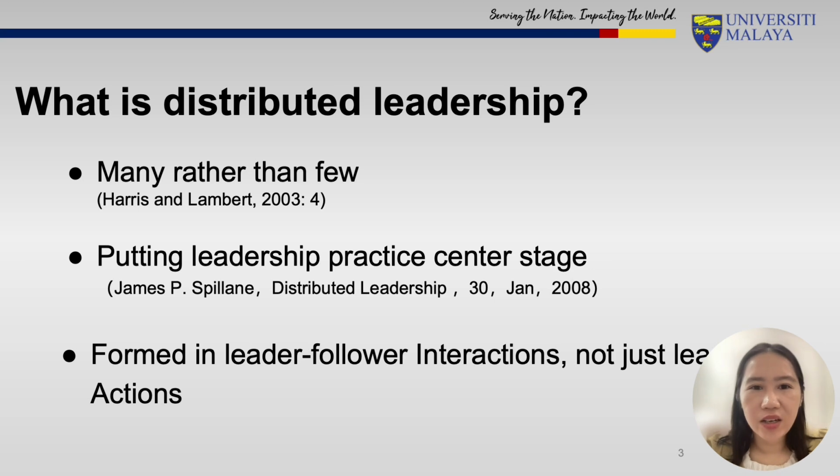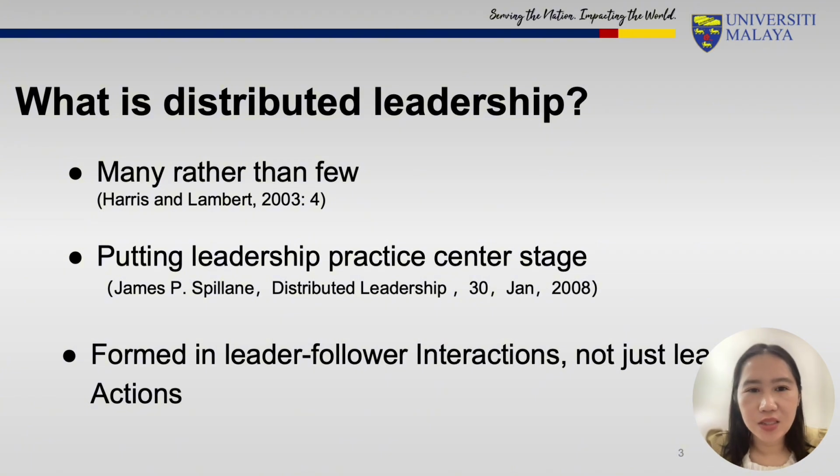The key idea here is interaction. Leadership happens when people talk, collaborate, and influence each other. Leaders don't act alone. Their actions depend on what others do. For example, if a teacher and a principal work together to improve a lesson, their back and forth creates leadership as a team effort.